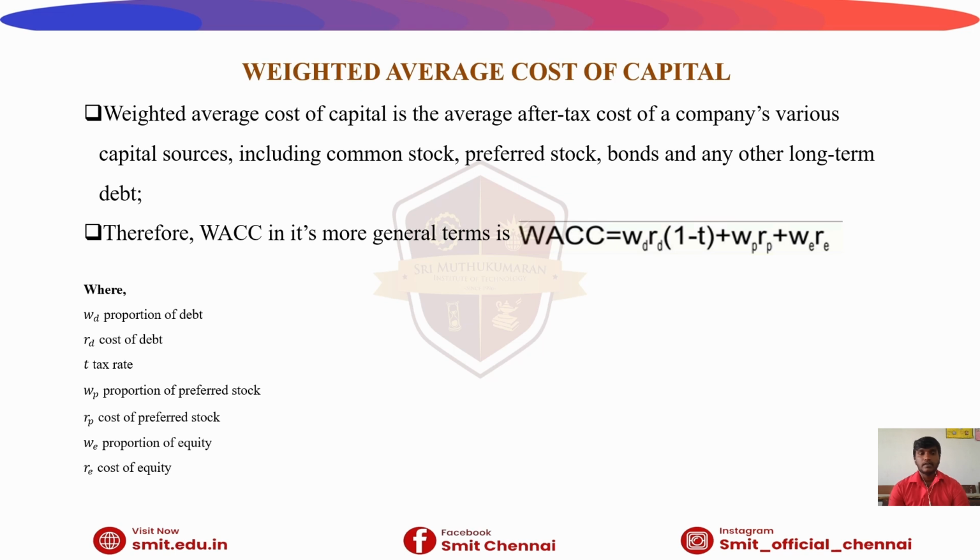We have to follow the tax bill. Then WP, the proportion of preferred stock; then RP, cost of preferred stock; then WE, proportion of equity; then RE, cost of equity.